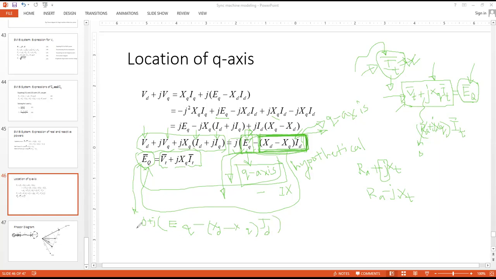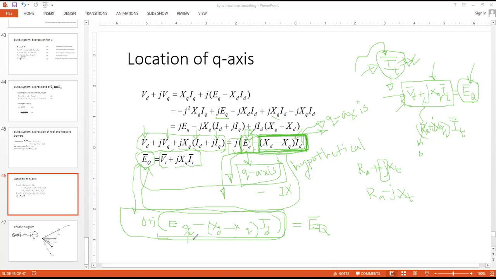So there is a real part having a 0, plus the imaginary part into this. This whole thing I can write as another phasor, and we are taking the phasor notation as this EQ. Okay, so all these things within this bracket should lie along the q-axis, because EQ is along the q-axis.